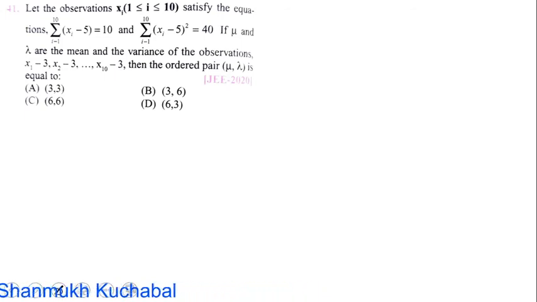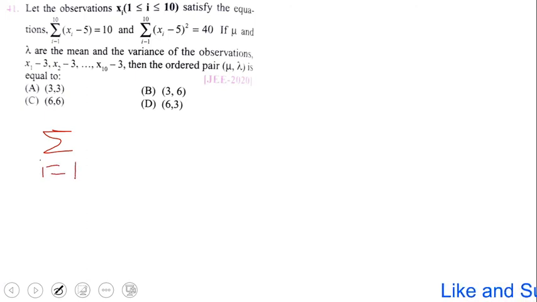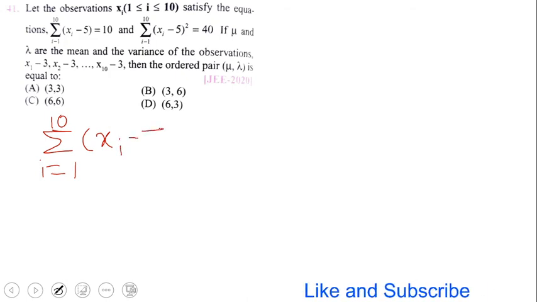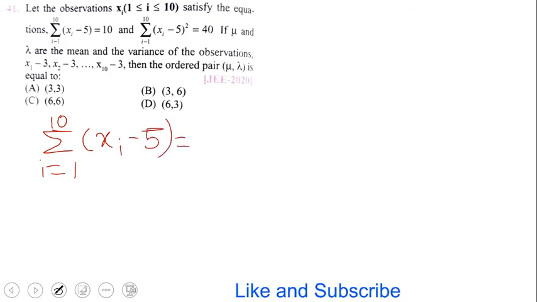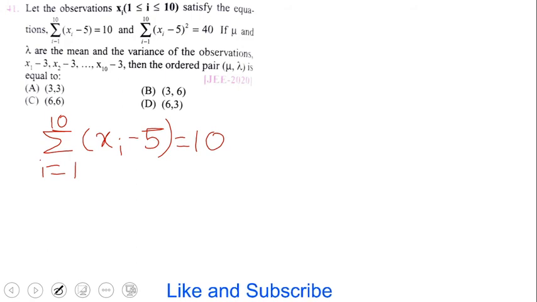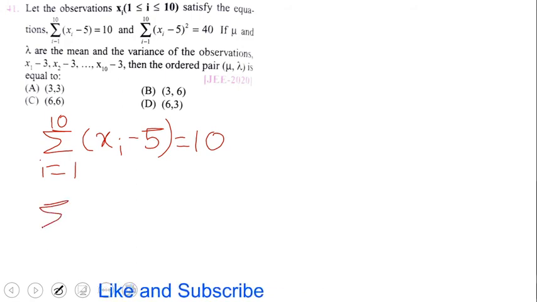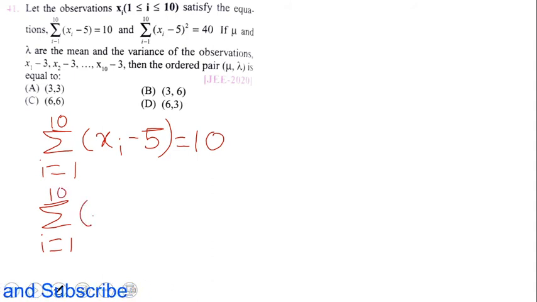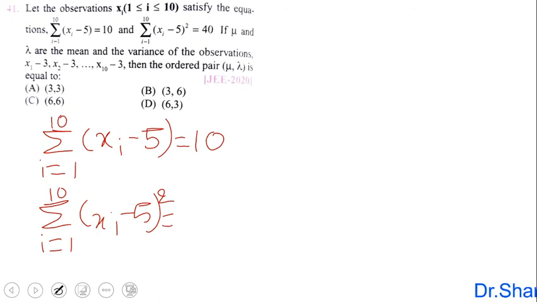Okay, so here the given information is the summation, i taking the value from 1 to 10, of xi minus 5 equal to 10. And one more expression we have, the summation, i equal to 1 to 10, of xi minus 5 whole square equal to 40.